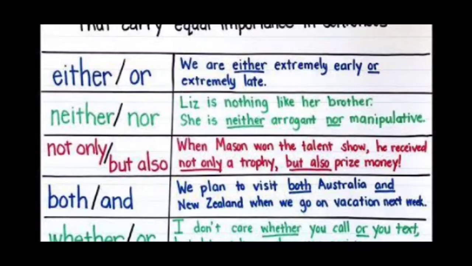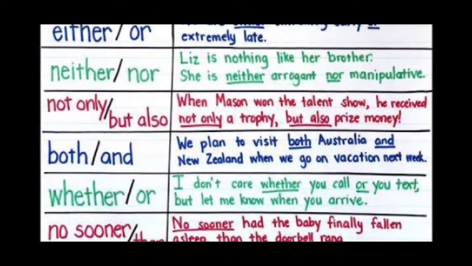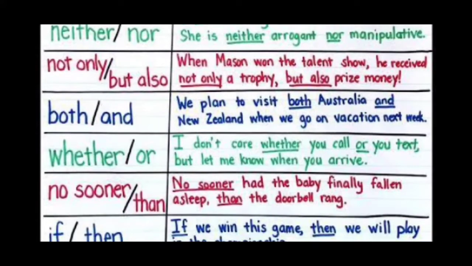So the next correlative conjunction is not only but also. When Mason won the talent show, he received not only a trophy but also prize money. The next one, both and.